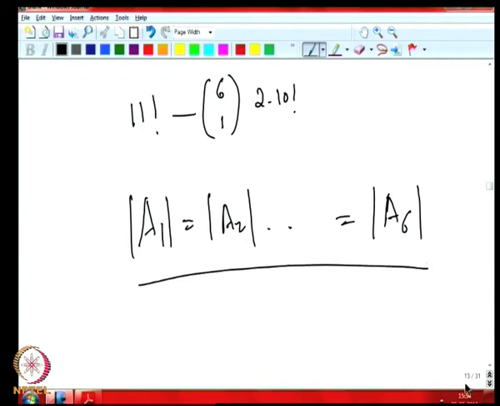We gave a formula: when the intersection cardinality of any T sets selected from the K sets is always the same, we can use a special formula, namely the universe size alpha 0 minus K choose 1 into alpha 1 plus K choose 2 into alpha 2, and so on. That formula we remember, so this comes in that category.